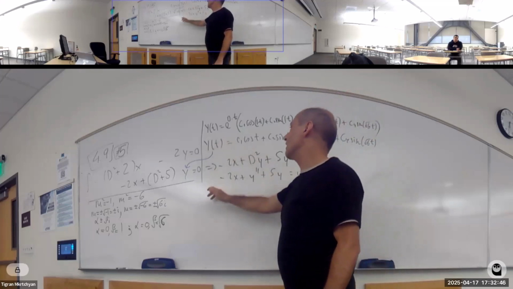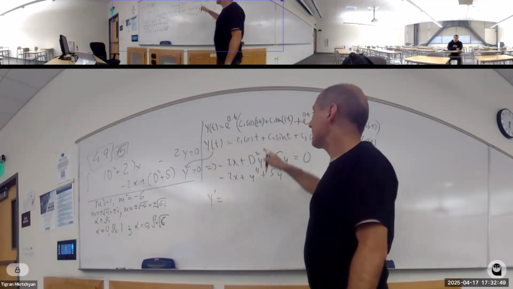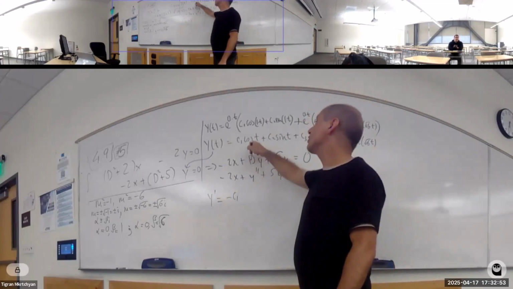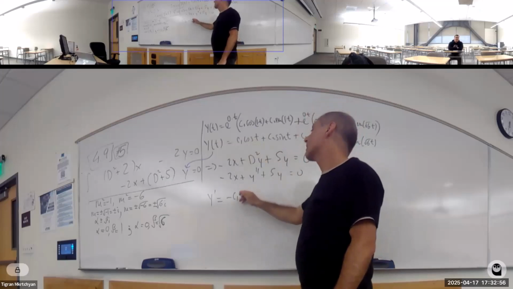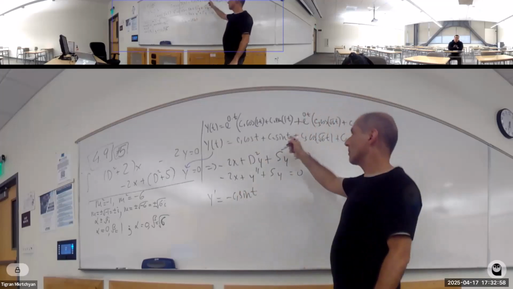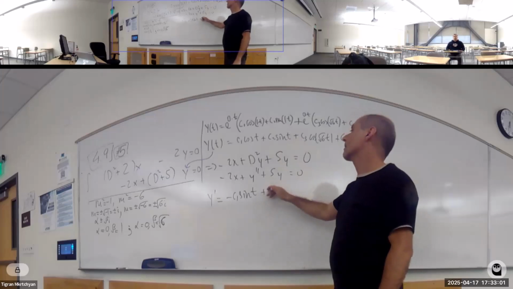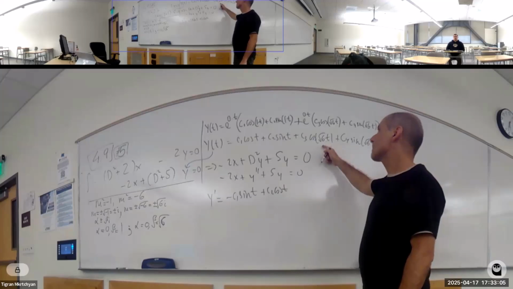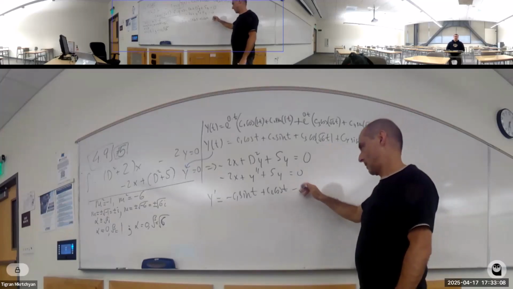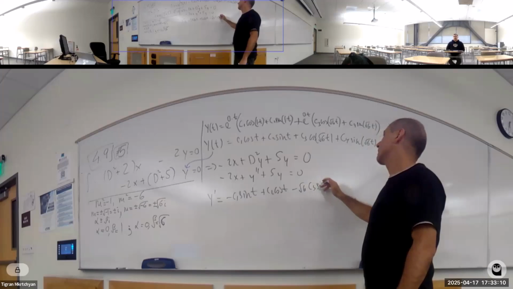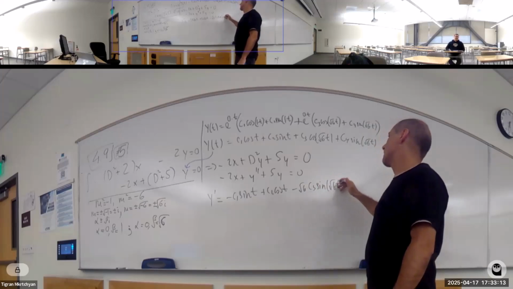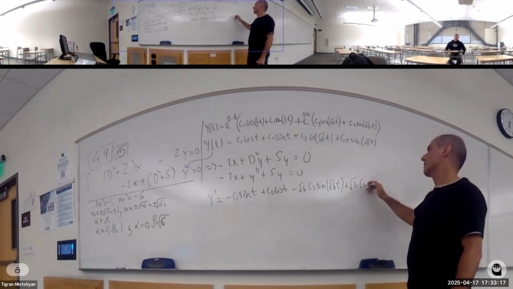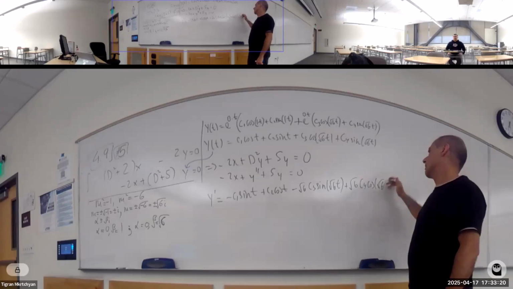The derivative of y is minus c1 sine t, plus c2 cosine t, plus square root 6 c3 cosine square root 6 t, plus square root 6 c4 cosine square root 6 t.